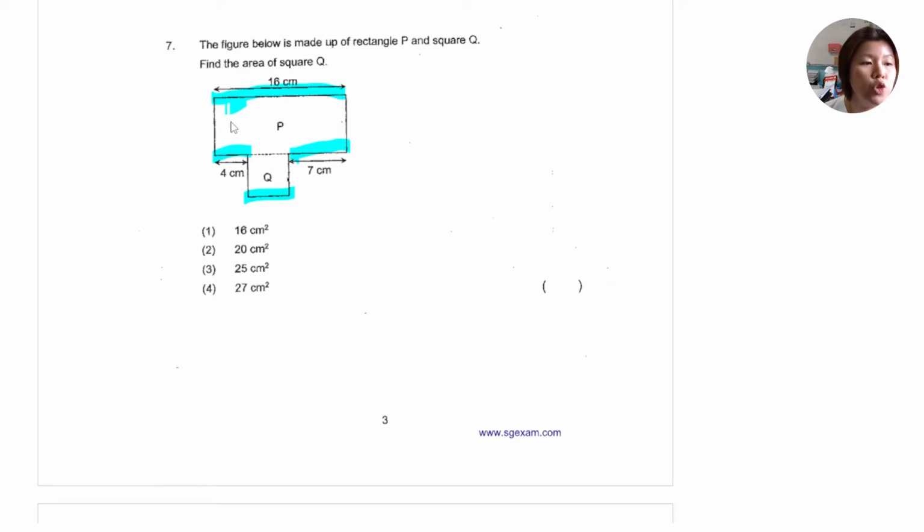And I have 2 measurements, so I can find this line is actually 16 minus 4 minus 7 is equal to 12 minus 7 is equal to 5. So this line is actually 5. It's asking for the area of the square. So we know that squares have all sides equal. So area will be 5 times 5 equals 25. Answer is number 3.